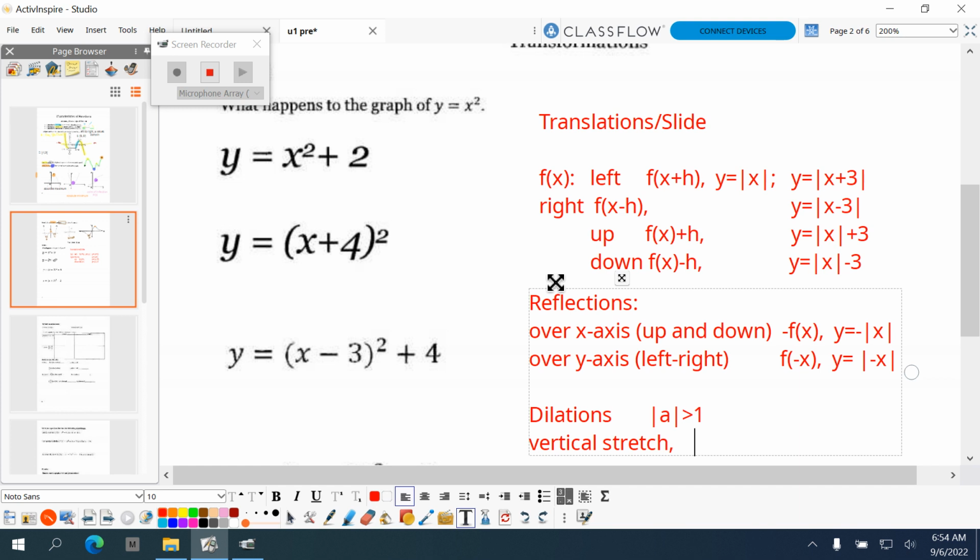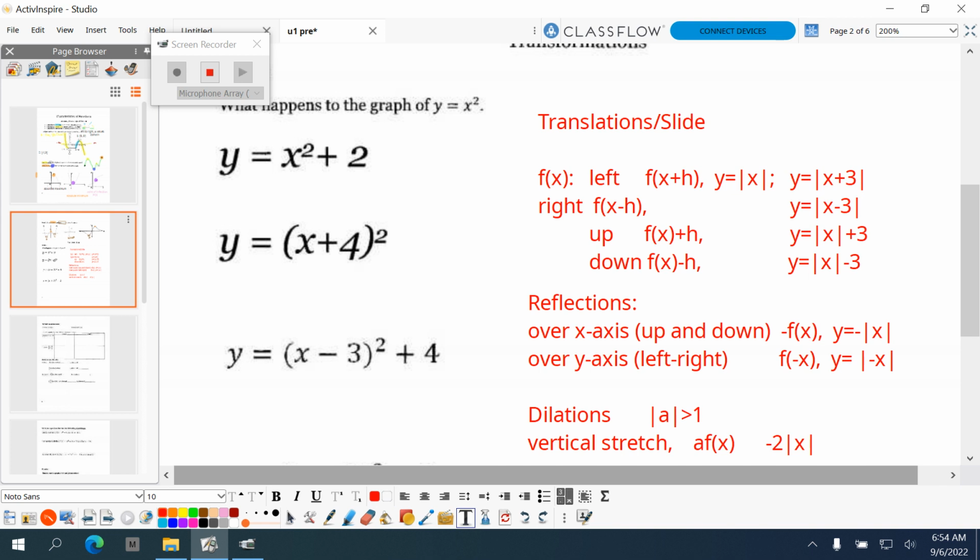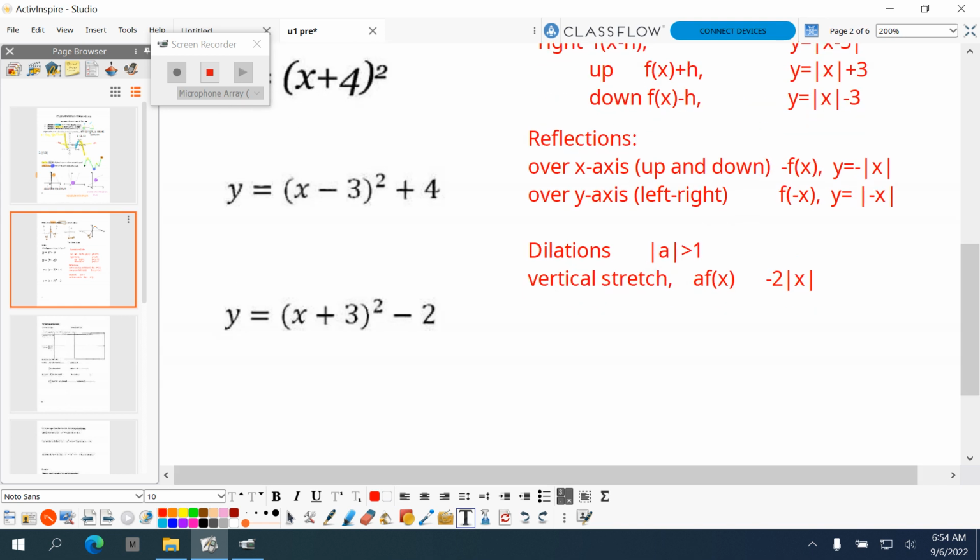So if I have a times f of x, it's a vertical stretch or vertical shrink. If the absolute value is greater than 1, I could do negative 2 times absolute value of x. The absolute value of negative 2 is greater than 1. 2 is greater than 1.